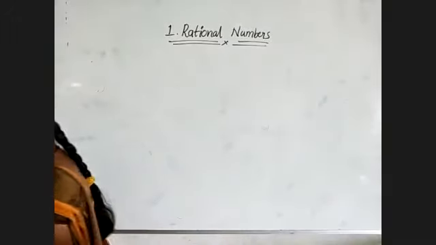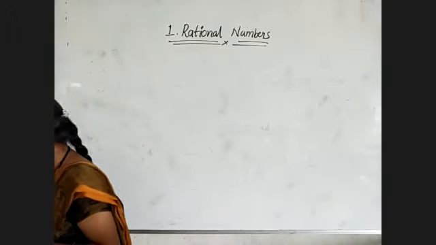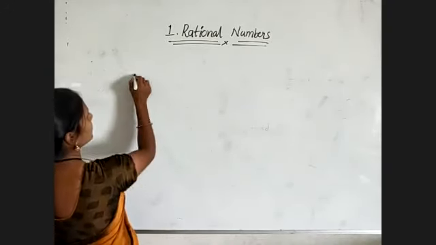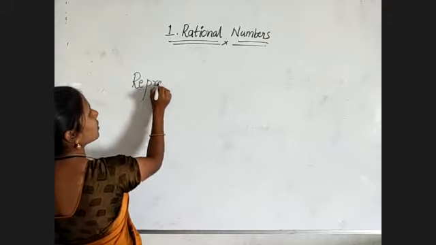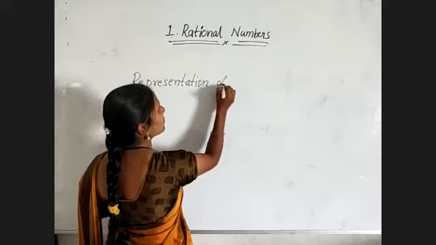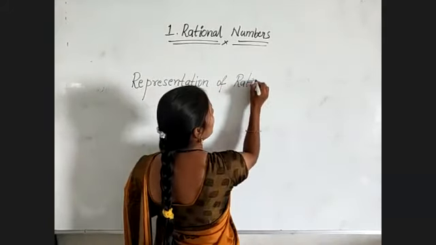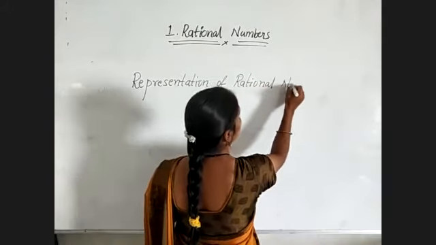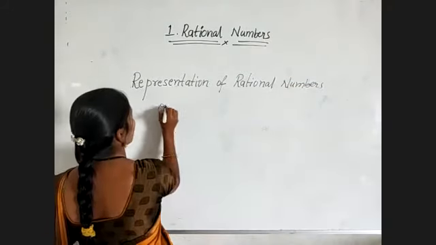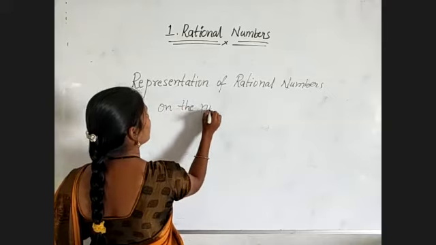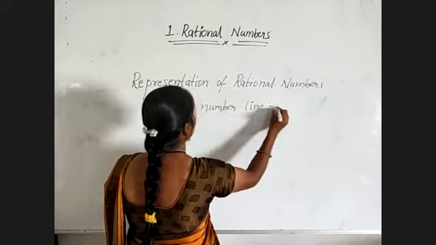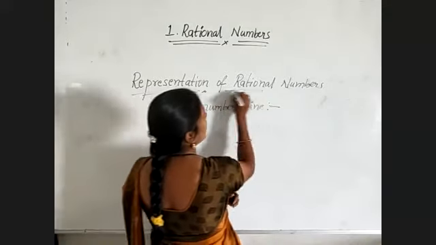Now, coming to the representation of rational numbers on the number line. How do we have to represent rational numbers on the number line?